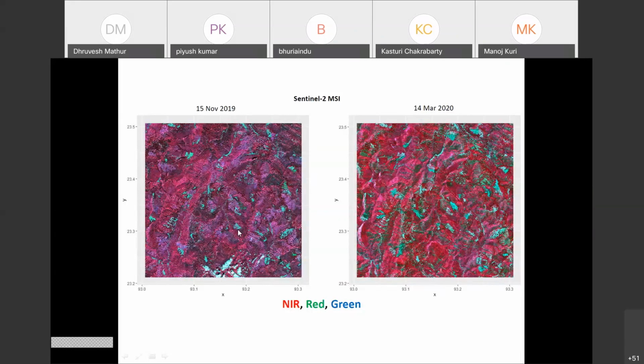In the northeastern regions, such shifting cultivation, or jhum areas, are widespread, and this is one of the leading causes of deforestation in the northeastern region.